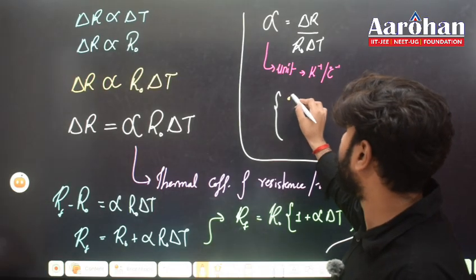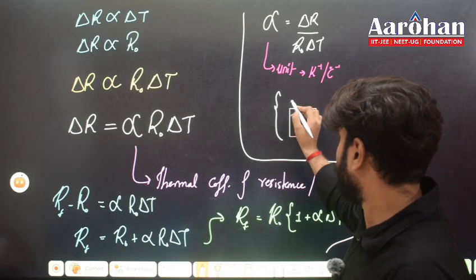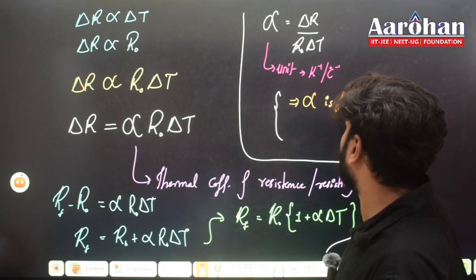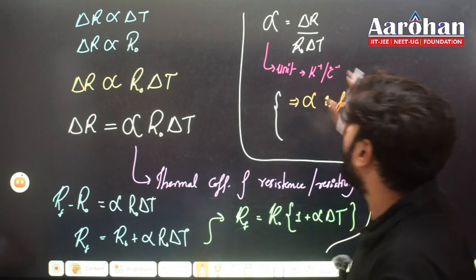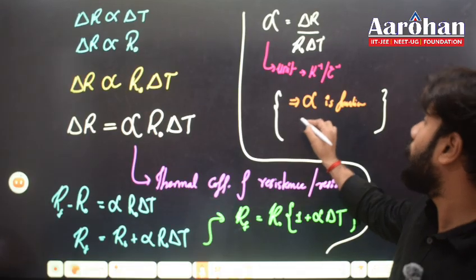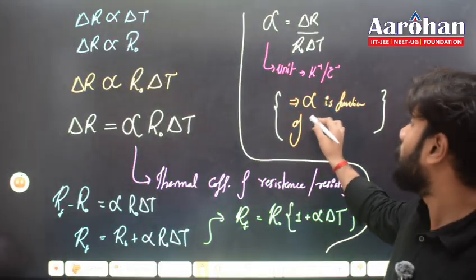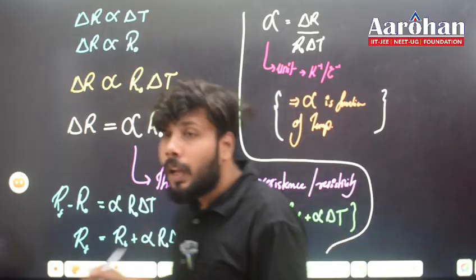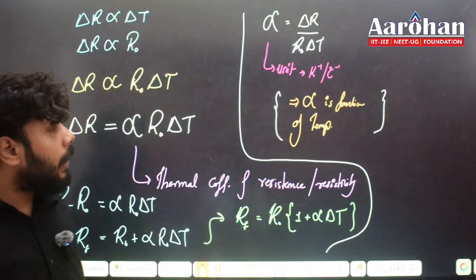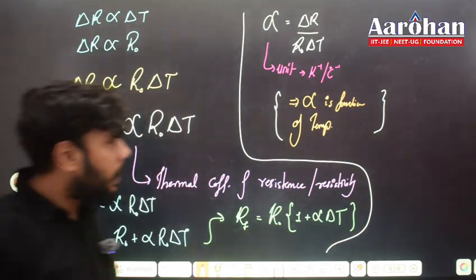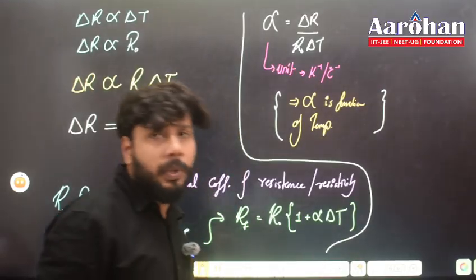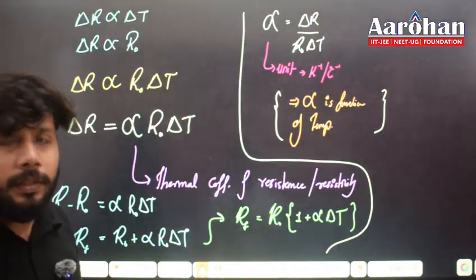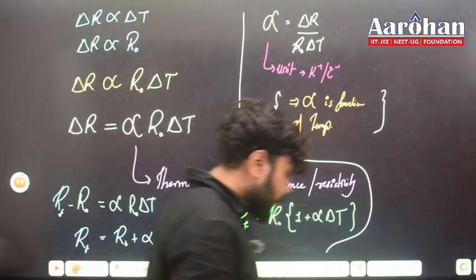But remember this: alpha is a function of temperature, which means as temperature changes, alpha also changes. But for small changes of temperature, many times we can take alpha as constant.